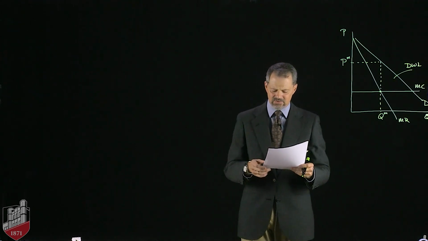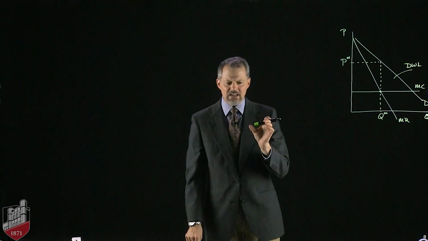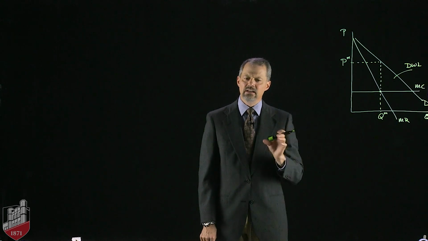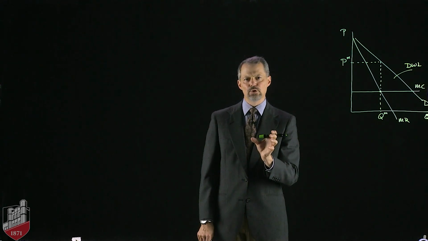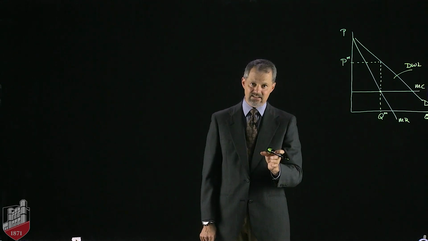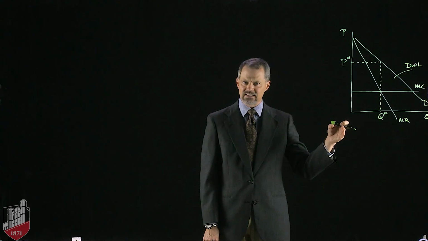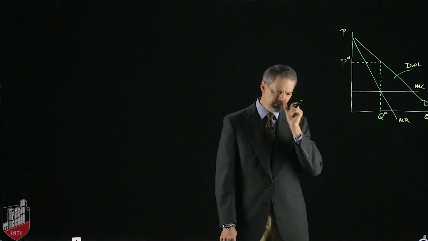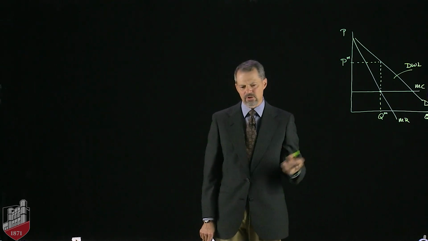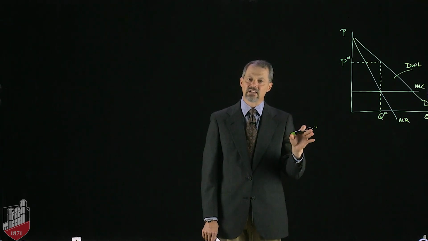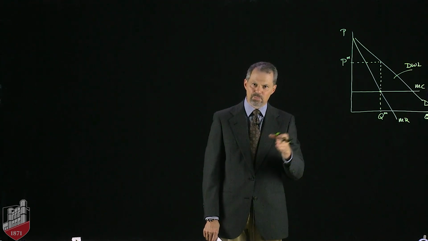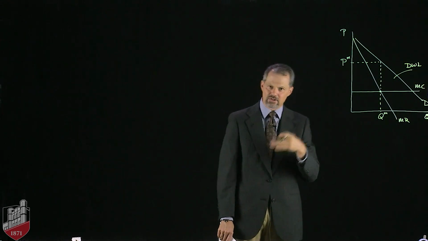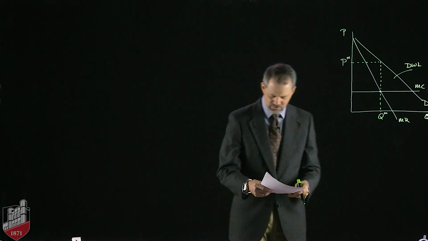So in this case, if you've got two groups, and one group gets a discount and the other group doesn't, then there's going to be an incentive for the group that gets the discount to buy it at the discount and then sell it to the group that doesn't, maybe for a little bit less than what that group could buy it from the monopoly. That would be what we call arbitrage. So the firm has to be able to prevent that because they don't want the groups buying and selling between each other. The monopoly wants to be able to sell to each group. That's the only way they can increase profit.